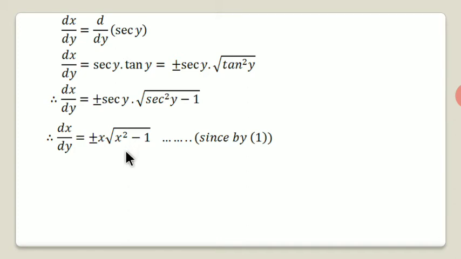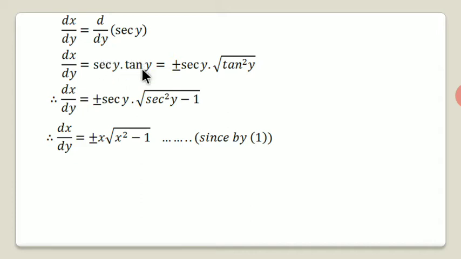Now here 0 less than equal to y less than equal to pi, but y is not equal to pi by 2. This is given to you. That means here y lies in first and second quadrant. And in the first quadrant, sec y and tan y both are positive.